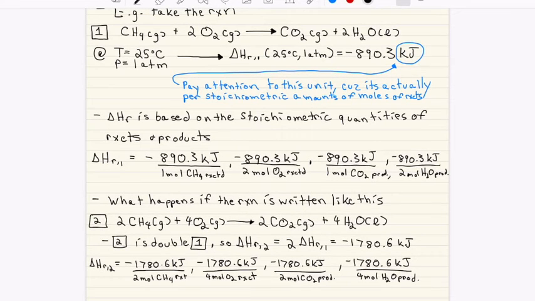Essentially, the way you should think about this is if more stuff reacts or is produced, then your delta H of R is going to be bigger.